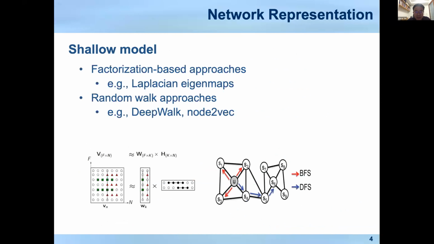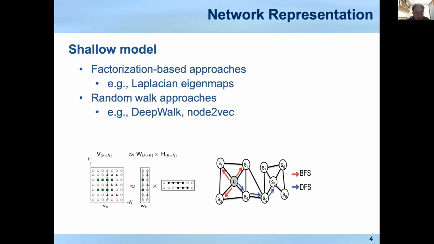So many network representation models have been proposed. They can be roughly classified into two types. The first type is shallow models, which can also be classified into two types. The first is the factorization-based approach, which is widely used in collaborative filtering, such as Laplacian eigenmaps.